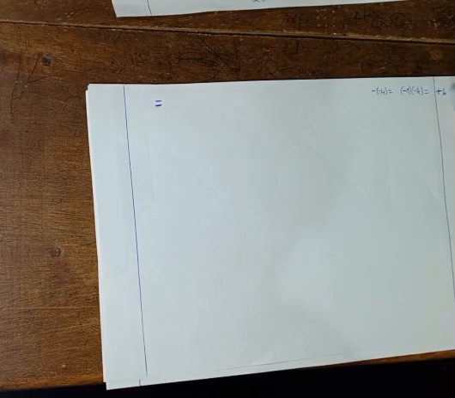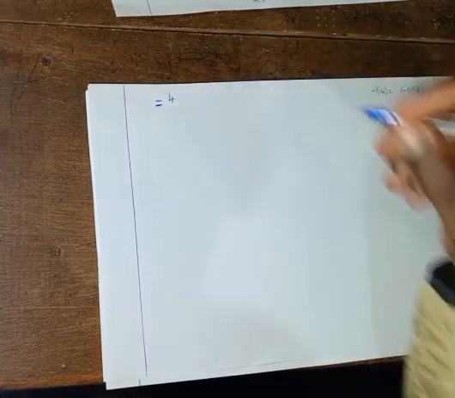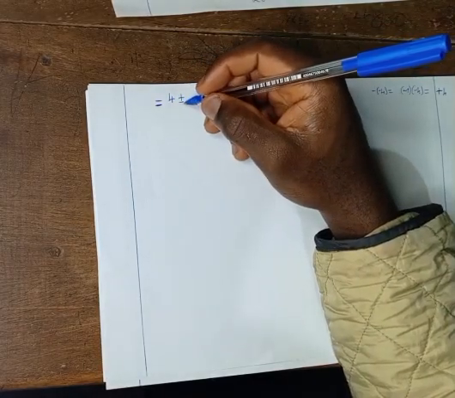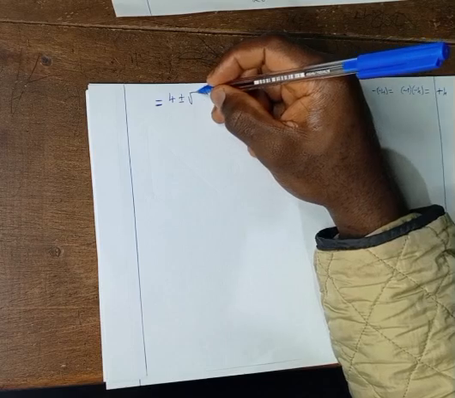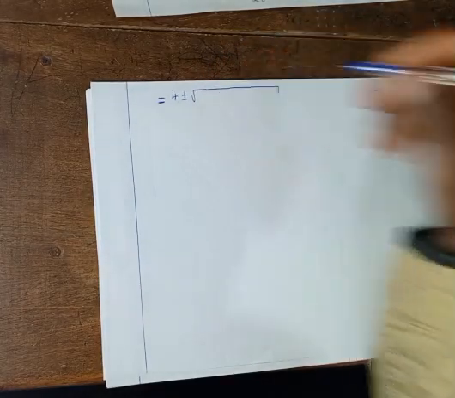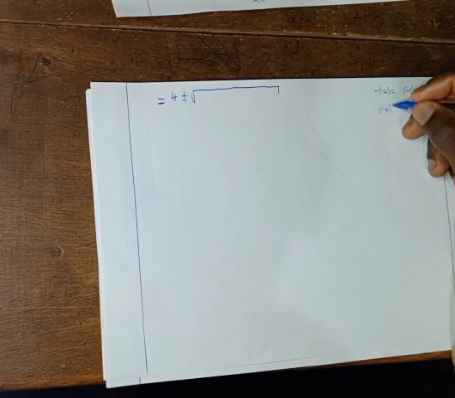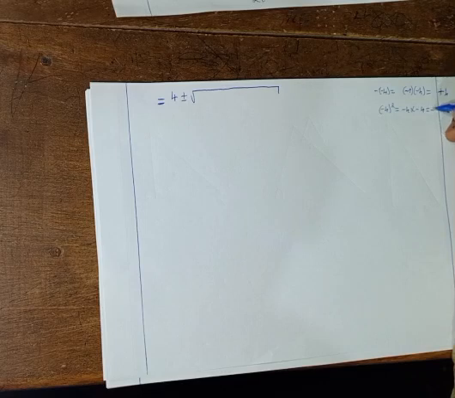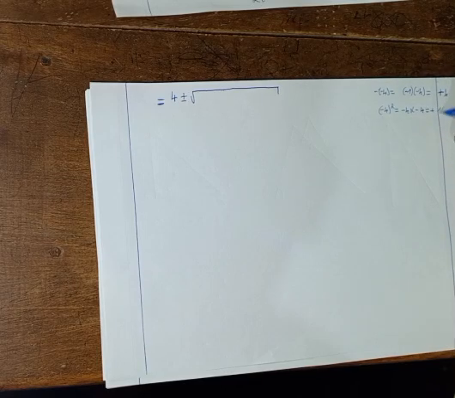If you multiply two negative numbers, the resulting sign will be positive. 1 times 4 remains 4. So this will give us 4 plus or minus the square root of negative 4 squared. We simplify this as negative 4 times negative 4. We are multiplying two negative numbers, so the resulting number will be positive. 4 times 4 gives us 16.